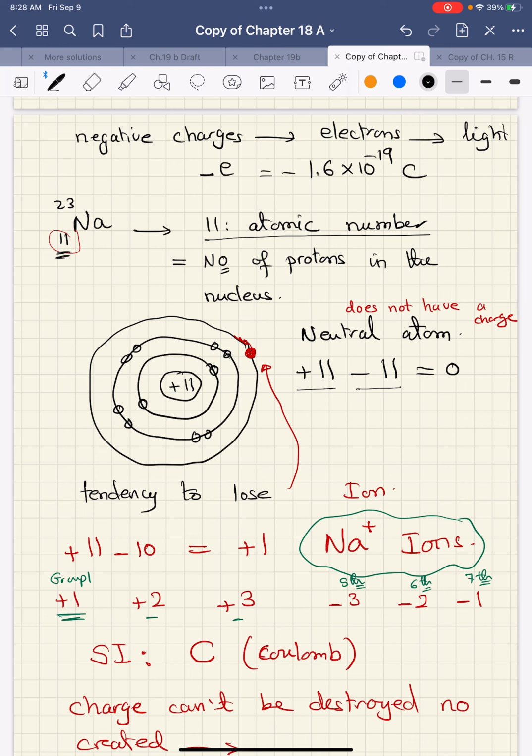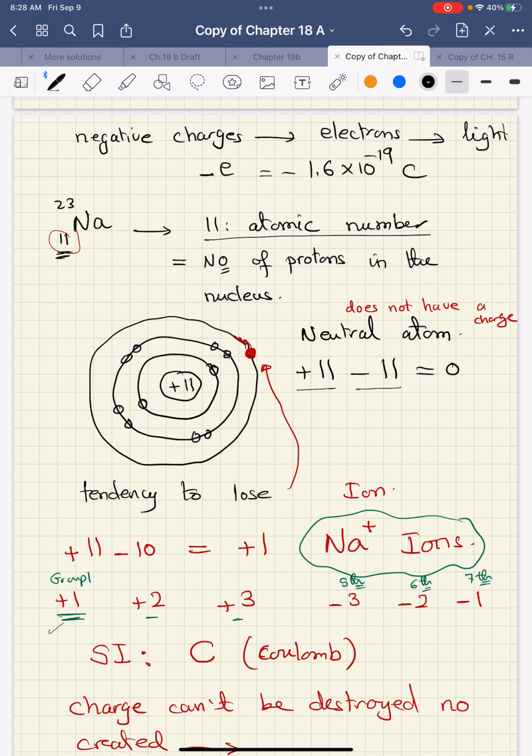This is a general rule for group 1 in the periodic table. They have the tendency to lose 1 electron. Therefore, they are going to form positive ions, plus 1. For the second group, it is plus 2.